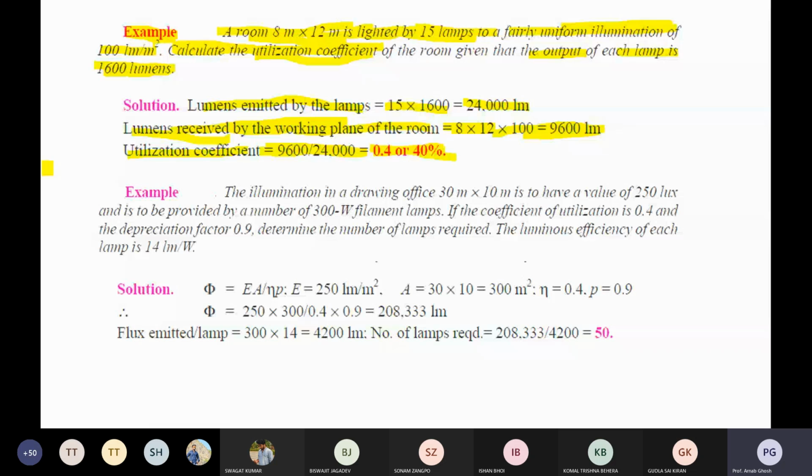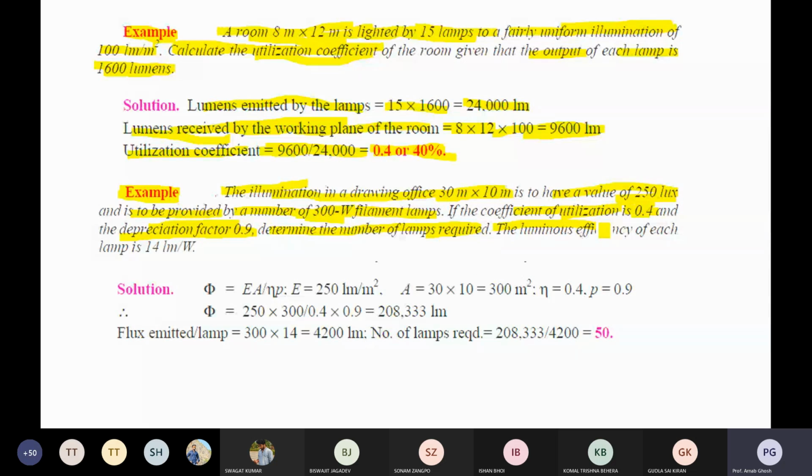The coefficient of utilization is given as 0.4, so that eta value is given, and the depreciation factor P is also there. Determine the number of lamps required, given the luminous efficiency of the lamp is 14 lumen per watt. So you have to calculate the luminous flux.